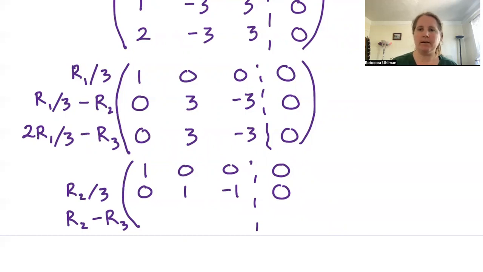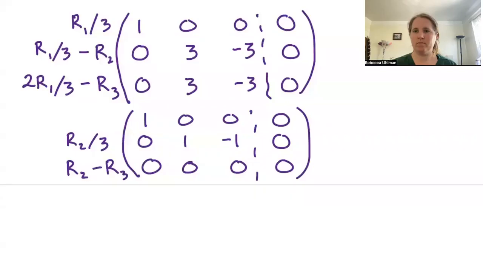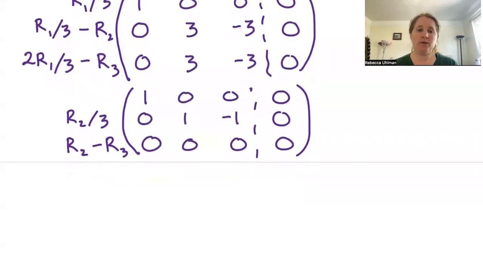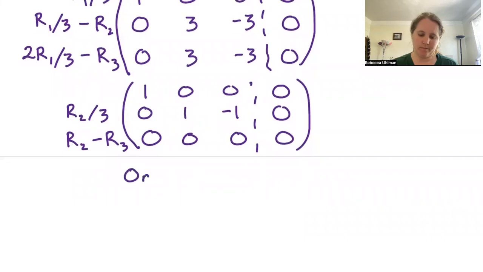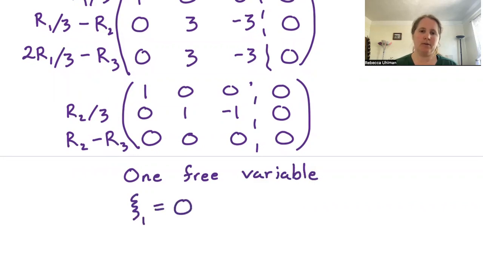I'm gonna pause and update my screen. So continuing from here, we have one free variable. We also have that xi1 has to be equal to 0.